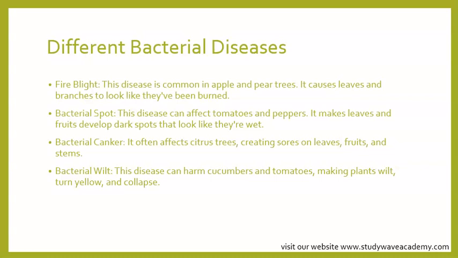It leads to wilting, yellowing of leaves, and in severe cases, plant collapse. The bacterium attacks the plant's vascular system, causing these symptoms. Bacterial wilt can be transmitted through contaminated soil, water, and infected plant material.